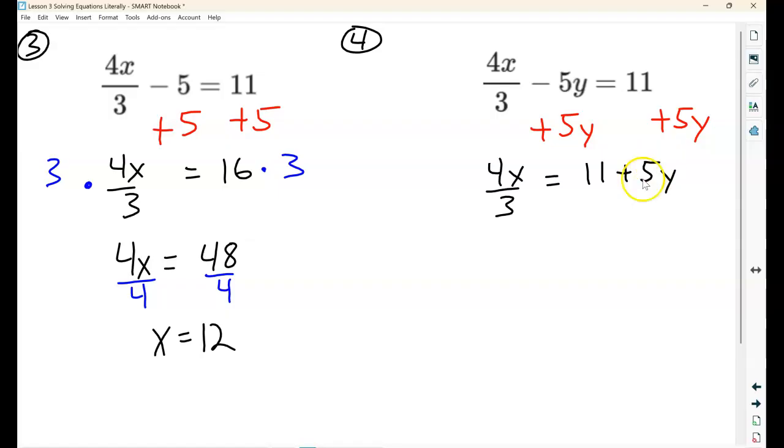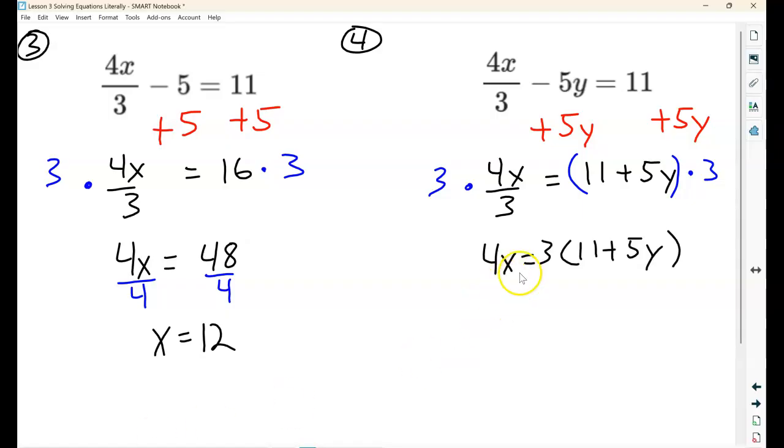That's going to leave 11 plus 5y, and then this 5y cancels out, leaving 4x over 3. We're going to multiply by 3 on both sides. I'm going to multiply this whole thing by 3, so I put parentheses around it. On the left side, the 3's cancel out.